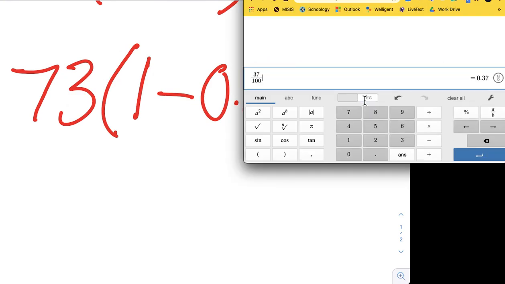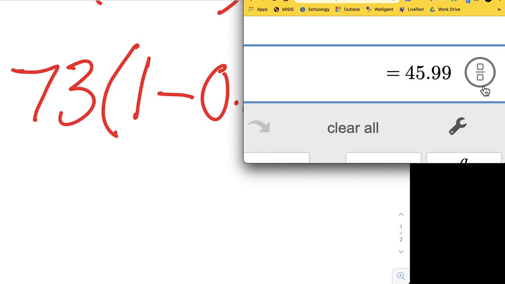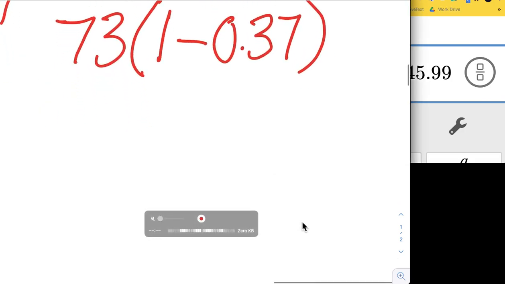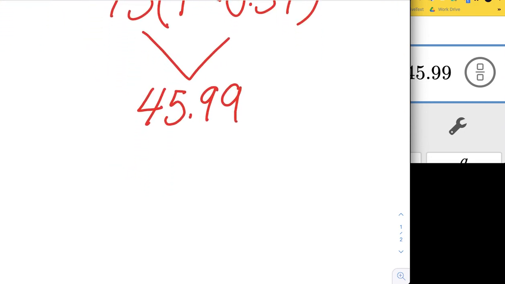So let's clear all, and we're going to say 73 parentheses 1 minus, what is it again? 0.37. Oops, look at that. It's got to be inside 0.37, close parentheses, and I get 45.99, which is practically 46, right?